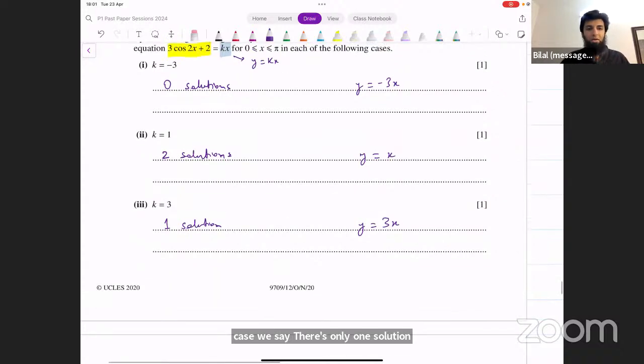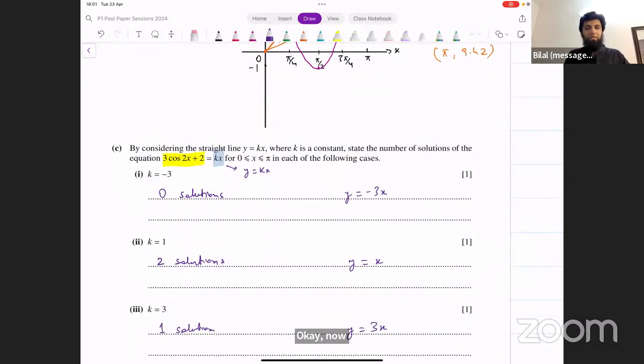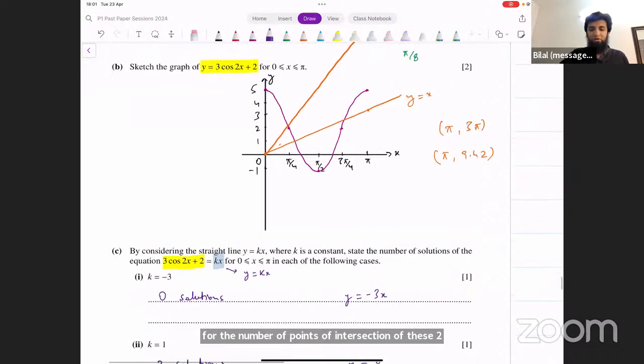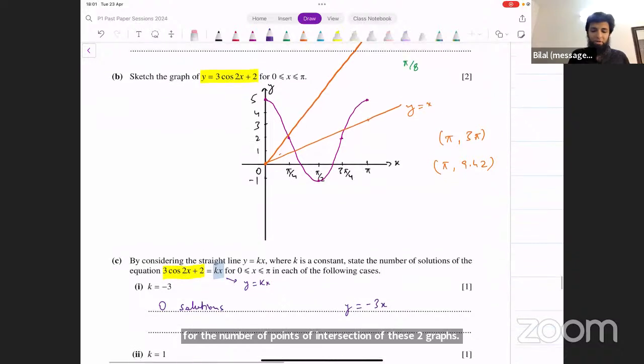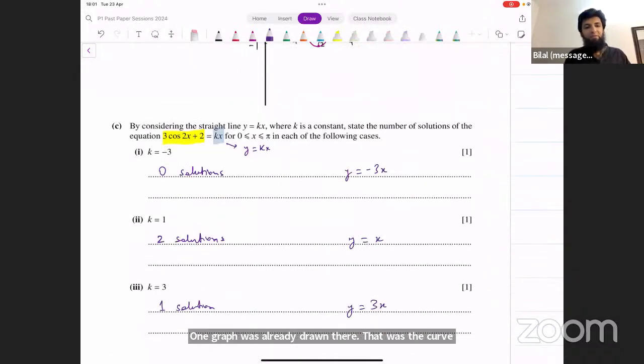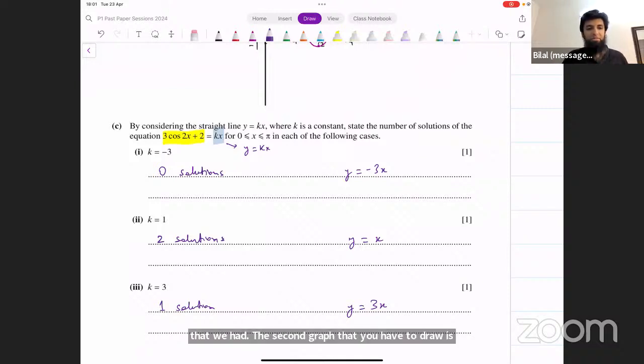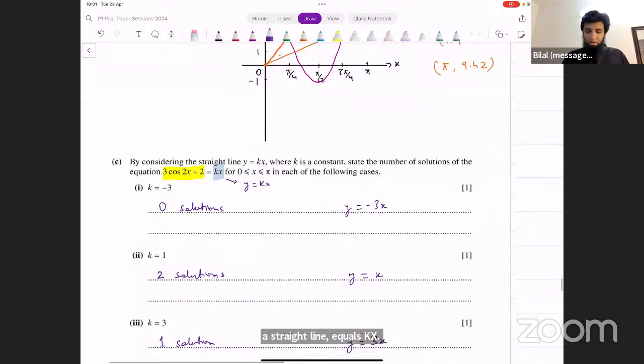Okay. Now let me repeat that. Remember, we were looking for the number of points of intersection of these two graphs. One graph was already drawn there. That was the curve that we had. The second graph that you have to draw is a straight line, y equals kx. Now, it has to pass through the origin because you can see the y-intercept is 0.